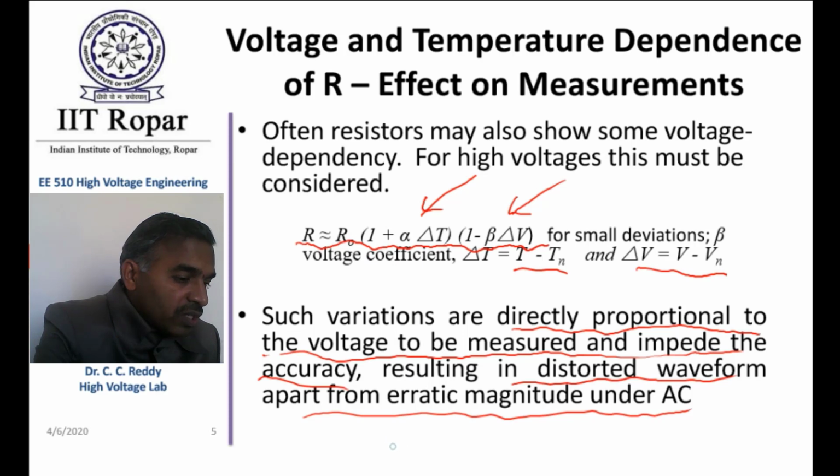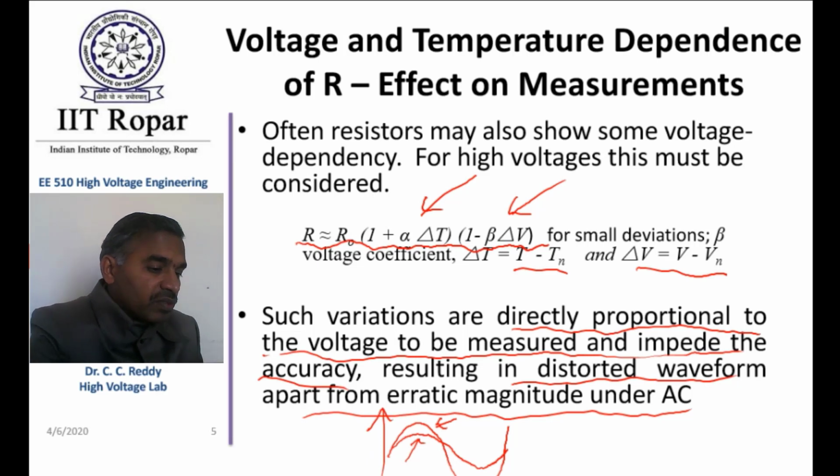So for example, if you are measuring a sinusoidal voltage like this, you may be estimating a wave like this. The reason is the decrease in the resistance value. So this is the estimated, this is the actual. So there is an error with voltage also, right? So the distortion is observed.